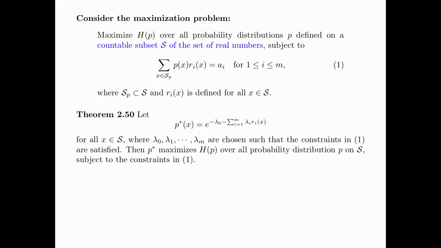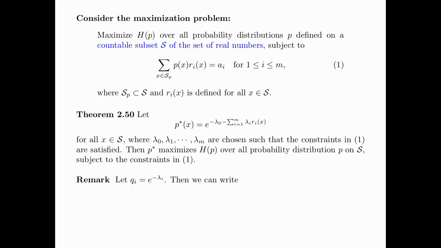Then P star maximizes H(P) over all probability distributions P on S subject to the constraints in 1. Note that P star of x, because of the exponential form, is always strictly positive, and so the support of P star is equal to S.